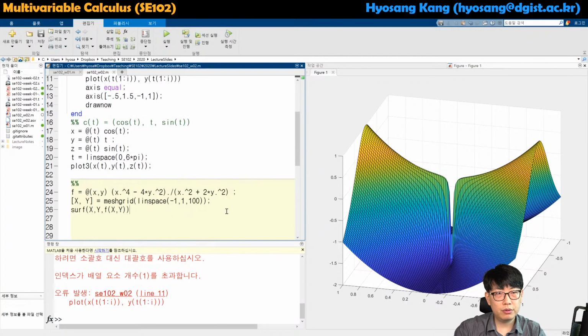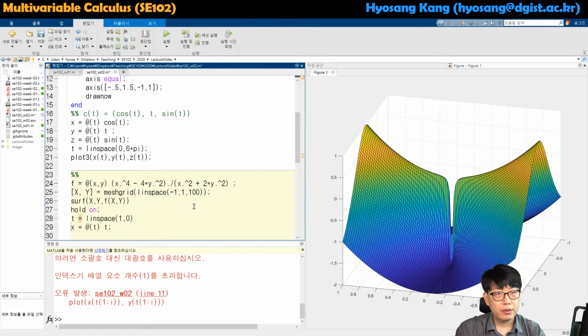So for example, let's try to draw the direction that we found in the example here. I want to take a linspace of minus 1 to 0, and I want to draw a trajectory of (t, t) and plot3 of (x(t), y(t)), and actually I don't need this, right?